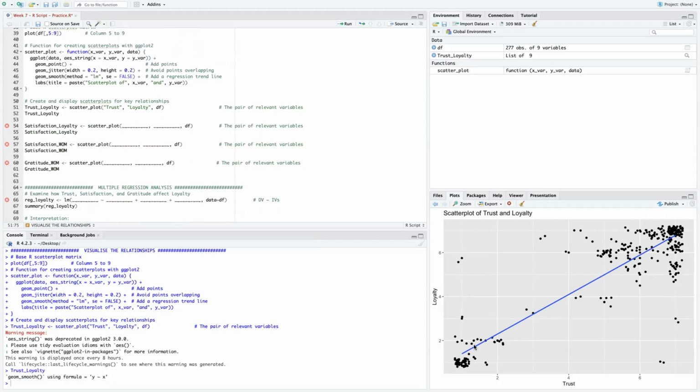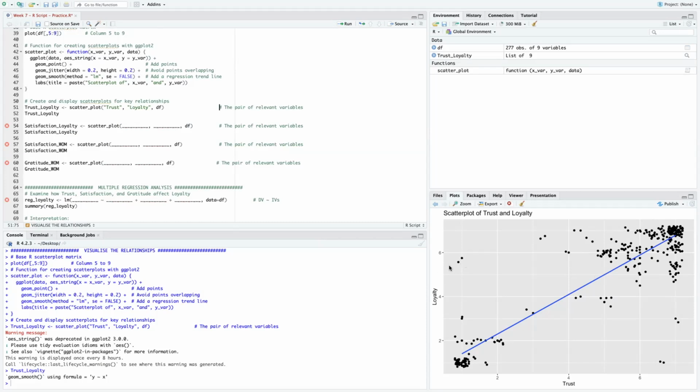So if customers trust the company more, they probably stay longer with the company, right? We have a very dense area right here in the top right corner of the plot. It shows that the majority of customers have both high trust and high loyalty, right?